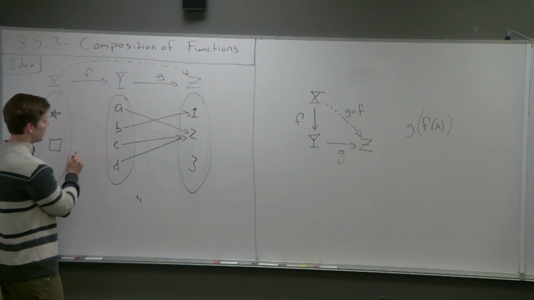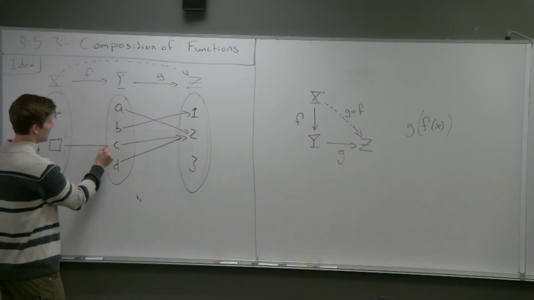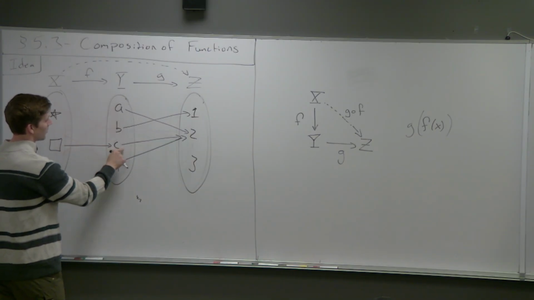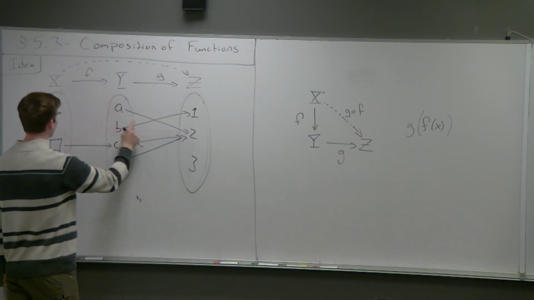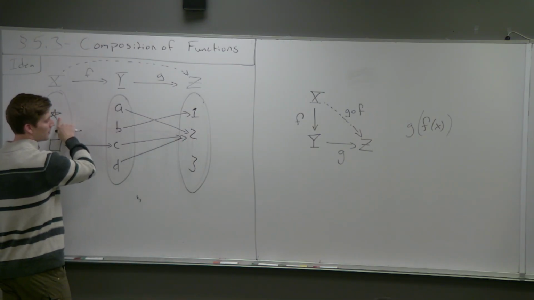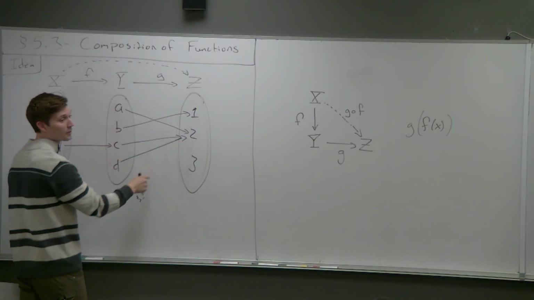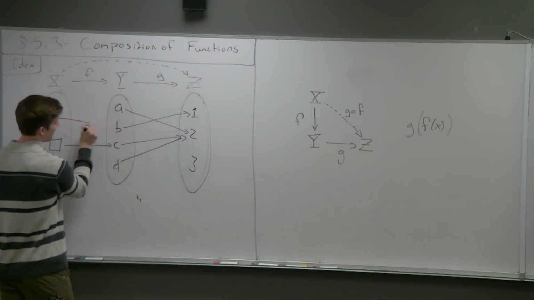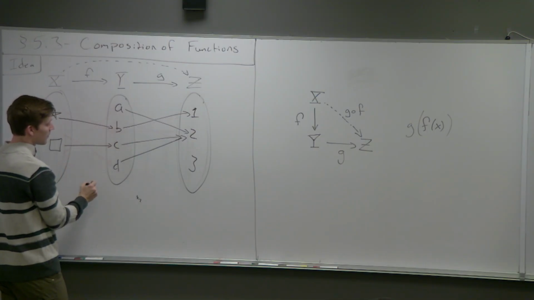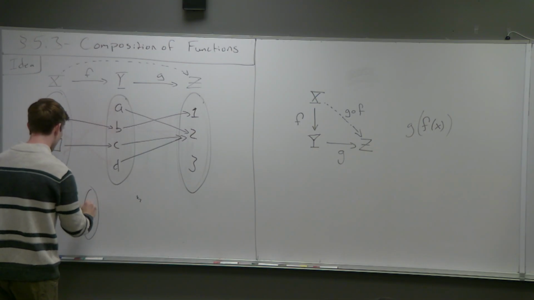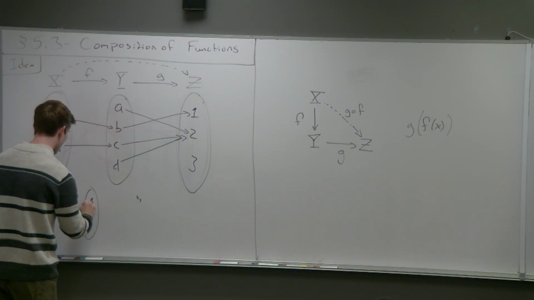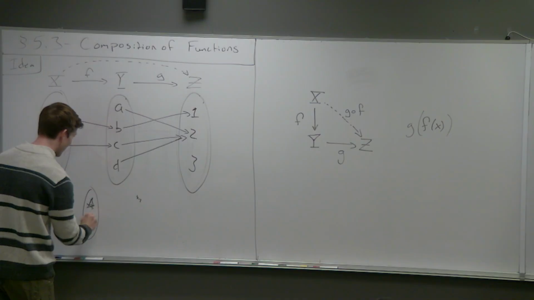Okay, let's send the square to C. Well, if I follow it across, that gets me to 2. So all I have to do is make sure that star doesn't get sent to something that maps to 2. If star gets sent, say, to B, then the resulting function just looks like this. I've got star, I can draw a star, and I've got a square.